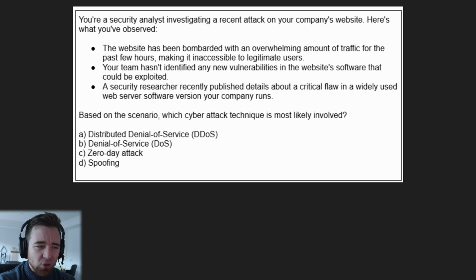Your team has not identified any new vulnerabilities in the website software that could be exploited, and a security researcher recently published details about a critical flaw in a widely used web server software version your company runs. Based on the scenario, which cyber attack technique is most likely involved? A. DDoS, B. DoS, C. Zero-day attack, or D. Spoofing.